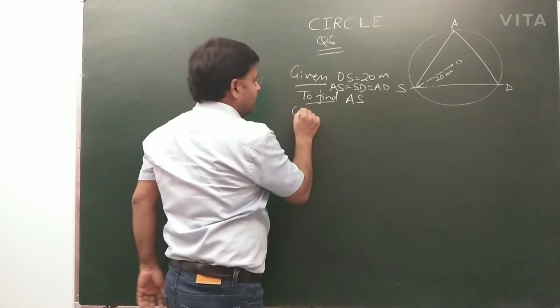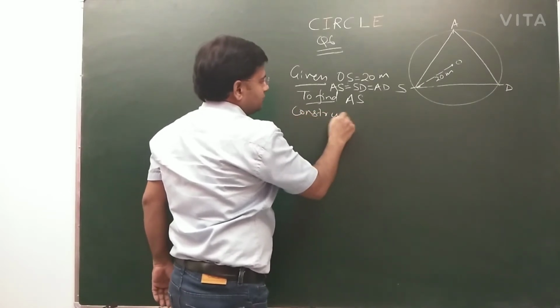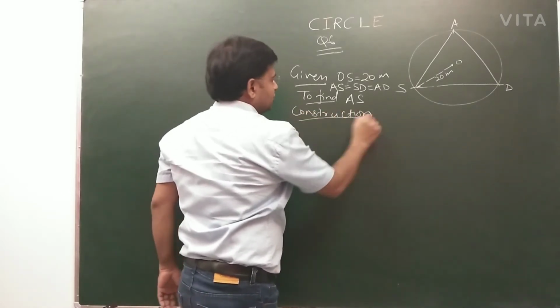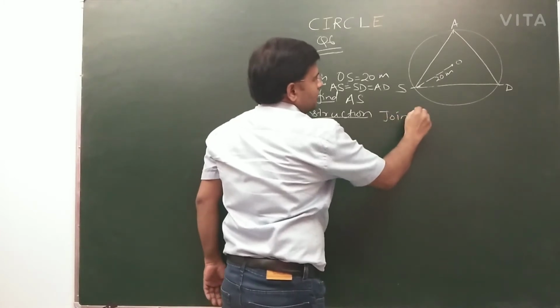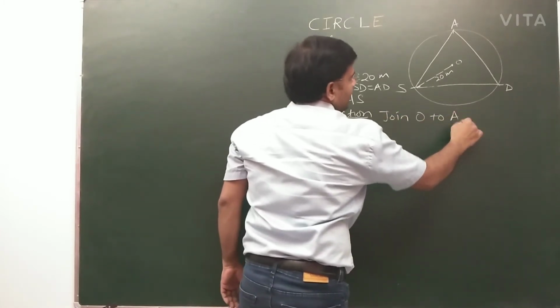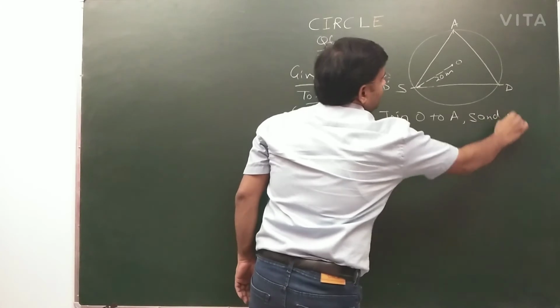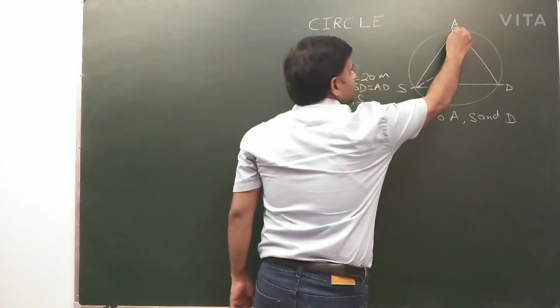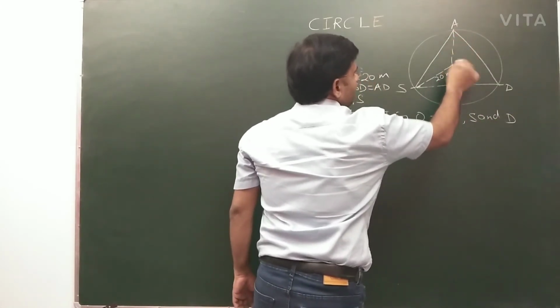So in this we have to use some construction. We are using construction: join O to A, S and D. Now we have joined.